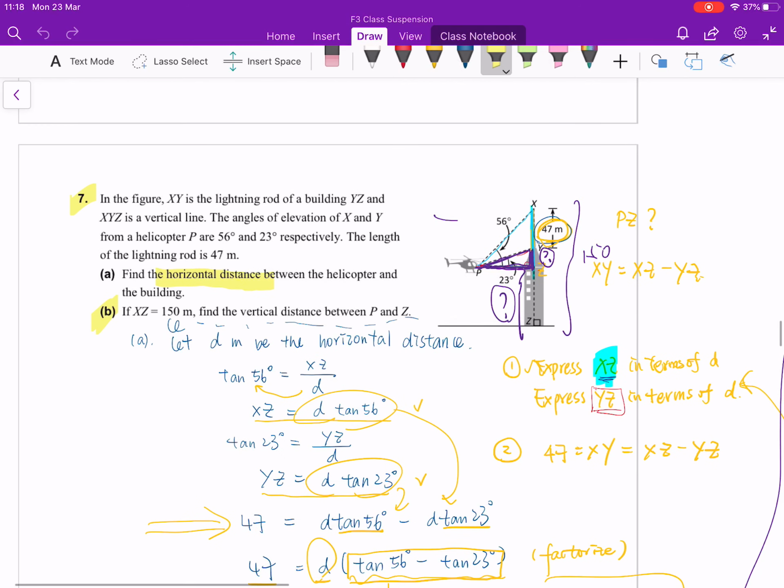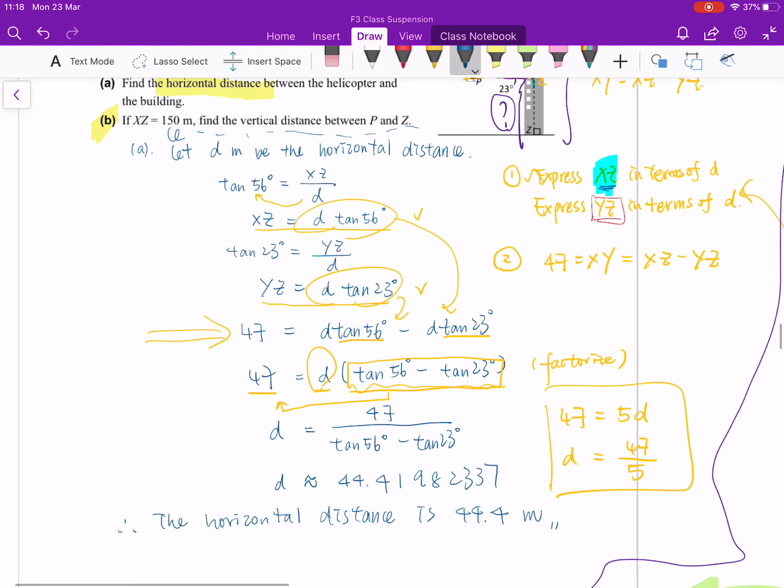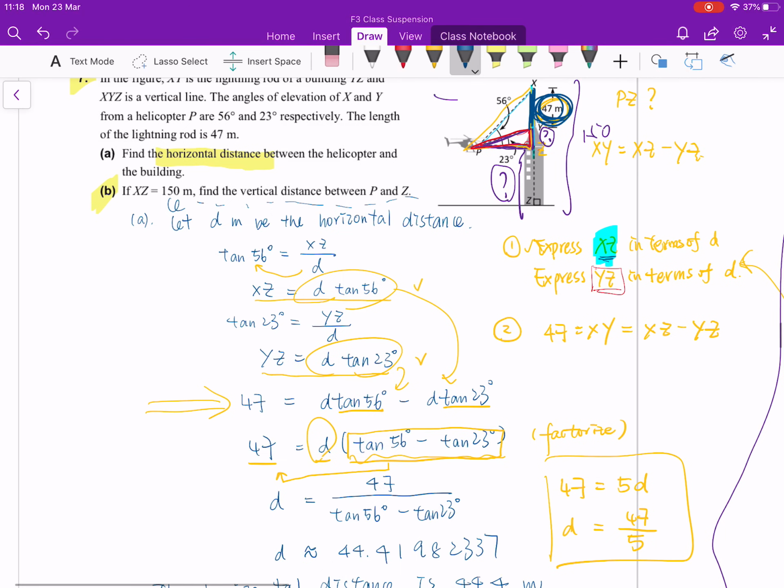This question 10.2, you can see that you have one right angle triangle here, another right angle triangle here, and the information given is the difference of two sides of the two right angle triangles. So actually you may follow this step. The first one, express them and then set up an equation.